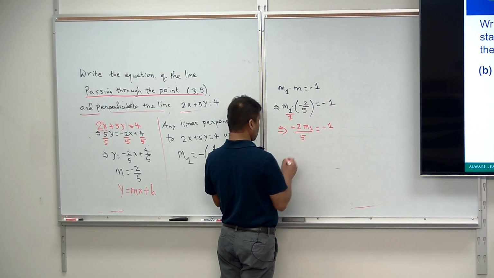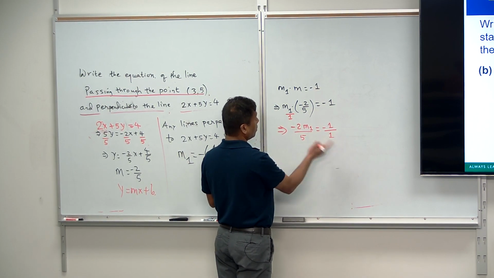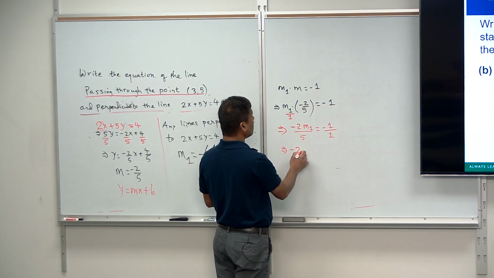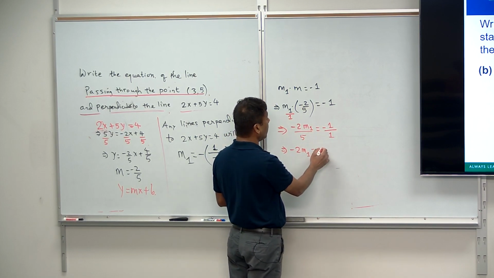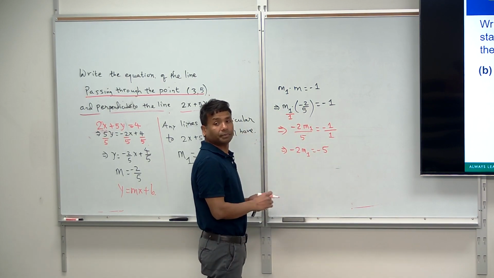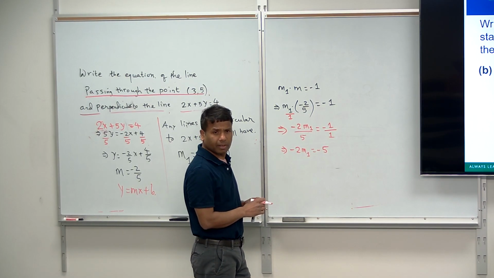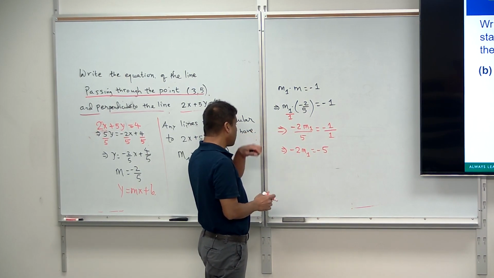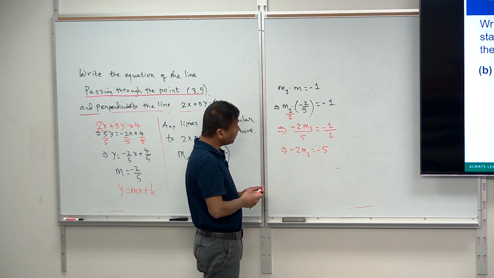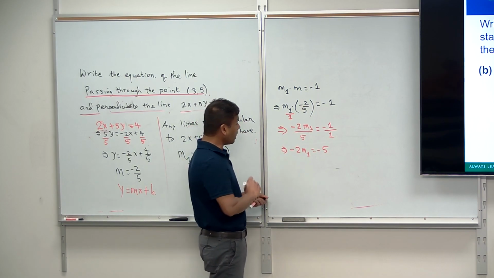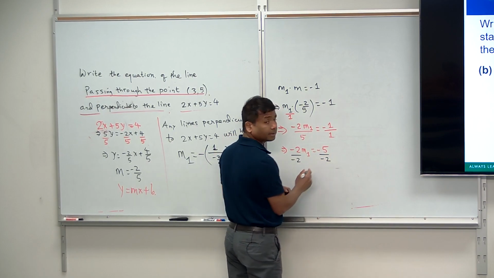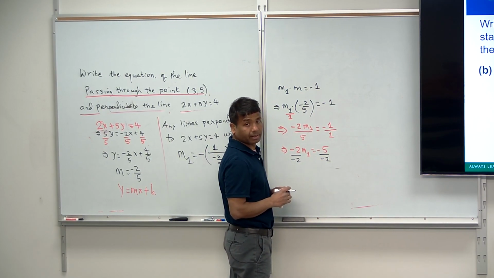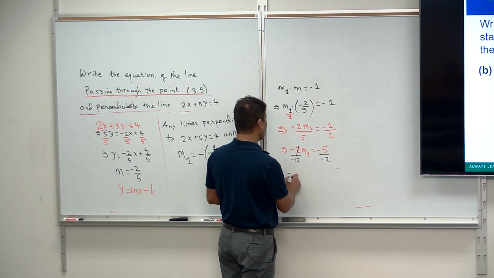And now it has a 1 in the denominator, right? You cross multiply. So negative 2m1 equals 5 times negative 1, which is negative 5. Good? So how do you find the value of m1? You divide both sides by negative 2, right? So you cross them out.